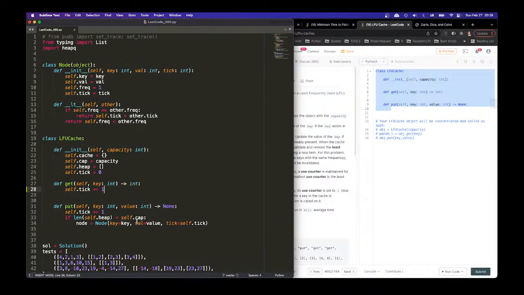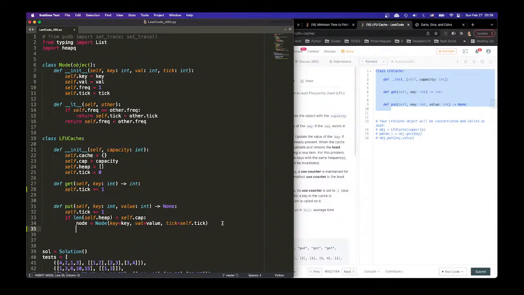If it's smaller than the capacity, that means we can add a new one. So I create a new node with key, value, and the tick is self.tick, the current tick. And then I'm going to add this into the queue. The default value for frequency is always 1.